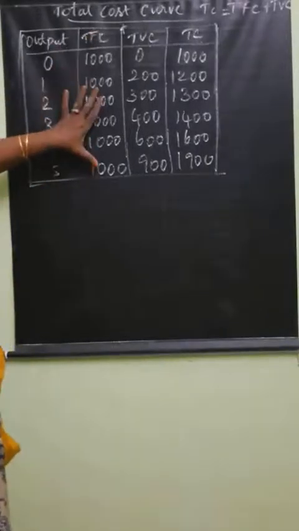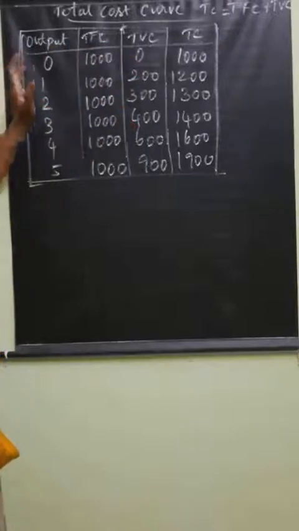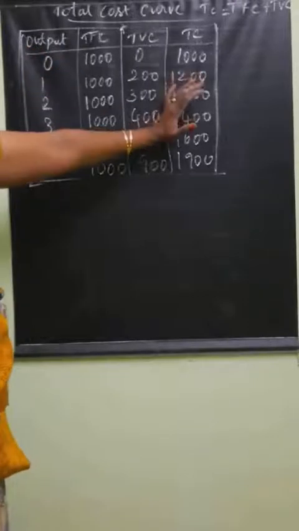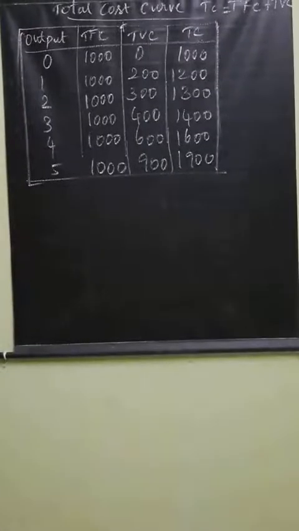This is the value of total fixed cost. This is variable cost. We have drawn the diagram separately. Now we are going to combine both TFC and TVC and we are going to get the total cost curve. How the total cost curve would be.